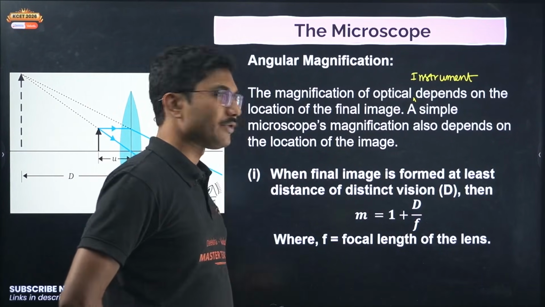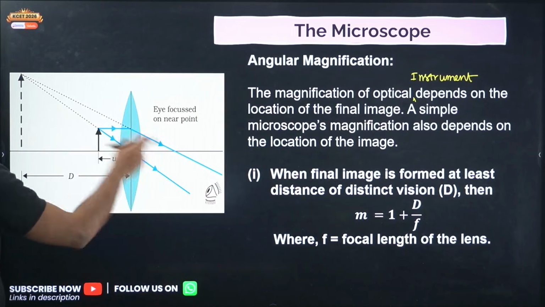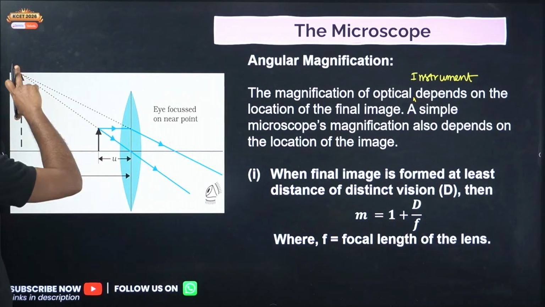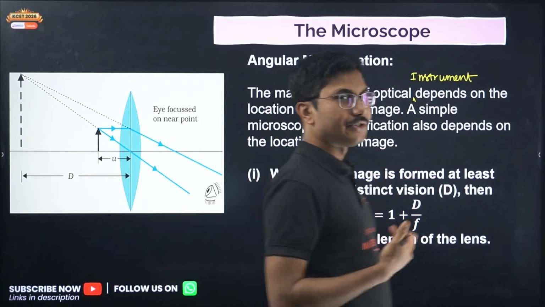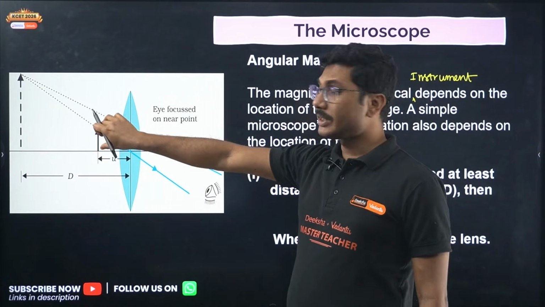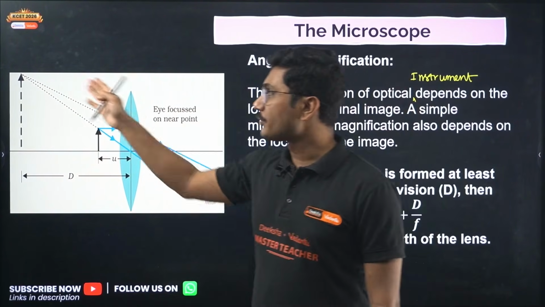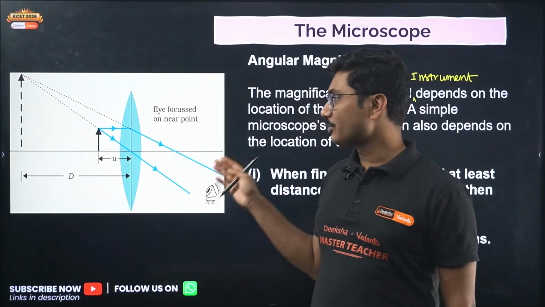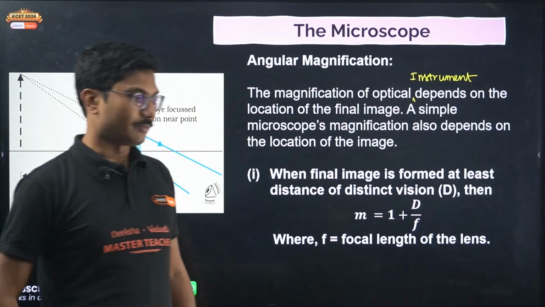D is a fixed number obviously, and f is the focal length of the lens. Here is the object and you are observing a magnified image. The principle we use is that a simple convex lens, when the object is kept at a distance less than the focal length, forms a virtual and enlarged image. Based on that principle we use a convex lens as a simple microscope.